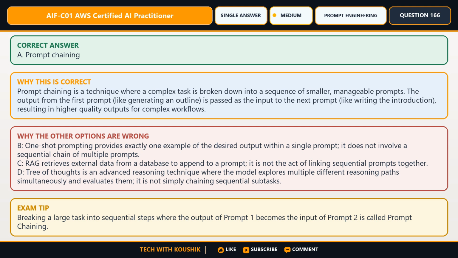D. Tree of thoughts is an advanced reasoning technique where the model explores multiple different reasoning paths simultaneously and evaluates them. It is not simply chaining sequential subtasks. Remember this decision rule. Breaking a large task into sequential steps where the output of prompt 1 becomes the input of prompt 2 is called prompt chaining.